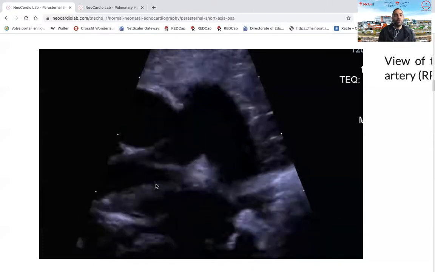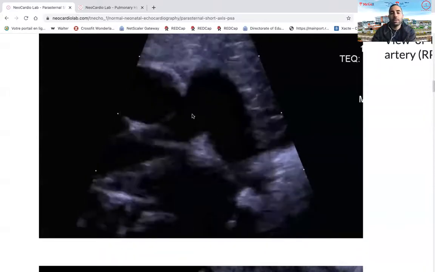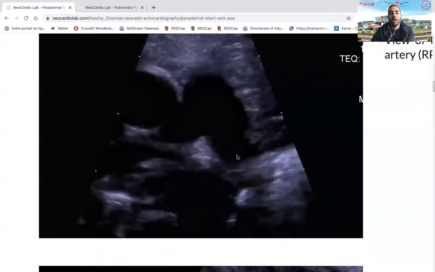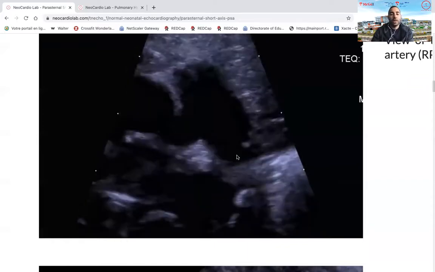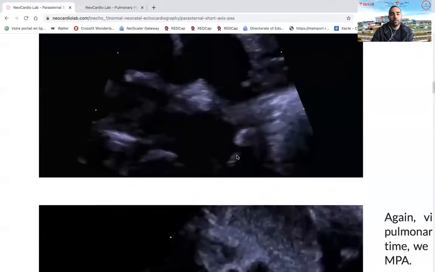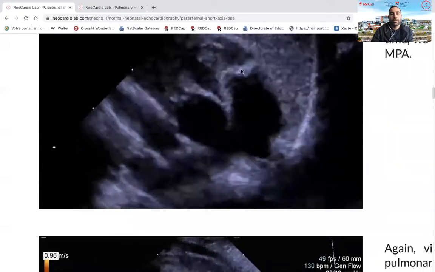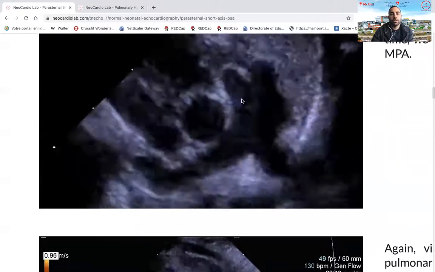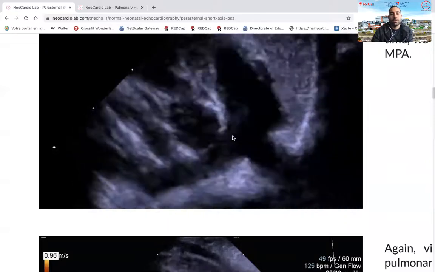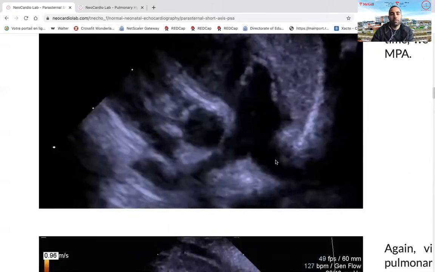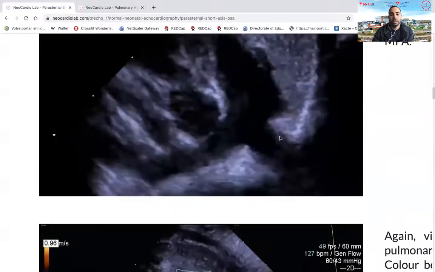But what you want to do is outline in 2D the caliber of your pulmonary artery and eventually place color on them, and potentially even do a pulse wave Doppler, to ensure that there's no increased velocity or stenosis. So again, here you can see the pulmonary valve and your RPA and LPA quite nicely delineated.